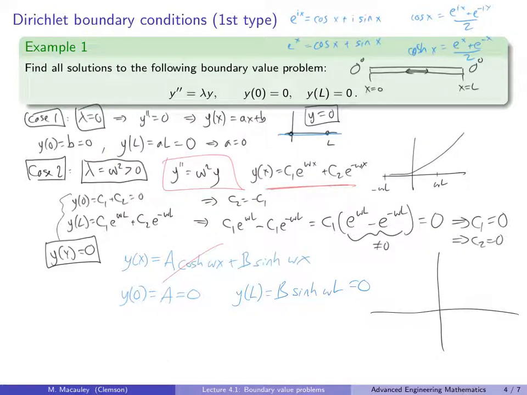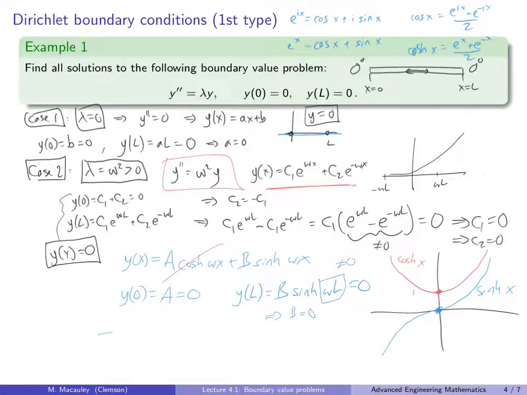Now you should know what sinh and cosh look like. Cosh looks something like a parabola type thing. So this is cosh of x, and sinh looks something like this. The key thing here is cosh of 0 is equal to 1, just like cosine, and sinh of 0 is equal to 0. And these things have no other zeros. So if b times sinh of some number is equal to 0, and this number here we know is not 0 because it's positive, that tells us right away that b has to be 0.